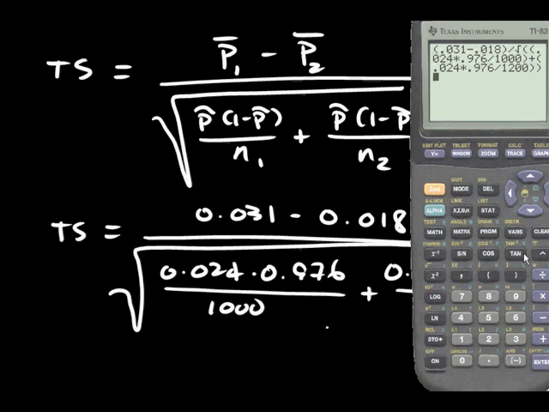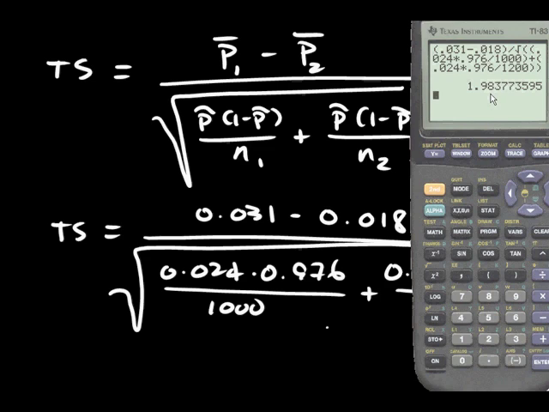Now if we approximate this to the nearest hundredths, we get approximately 1.98. So 1.98 is our test statistic value.